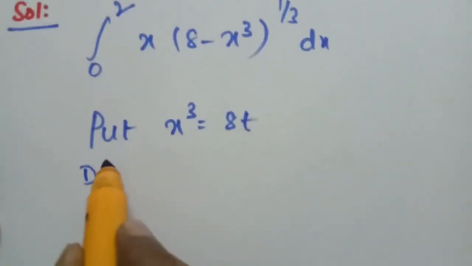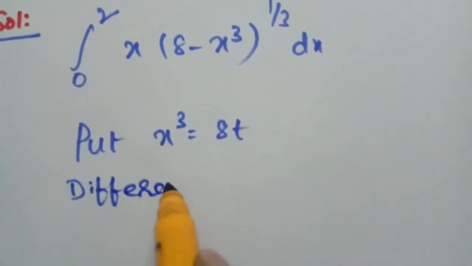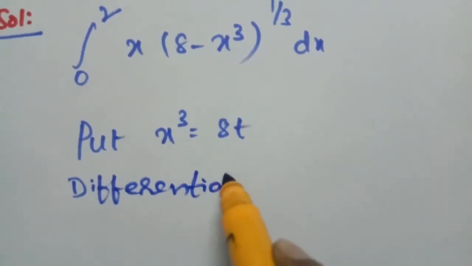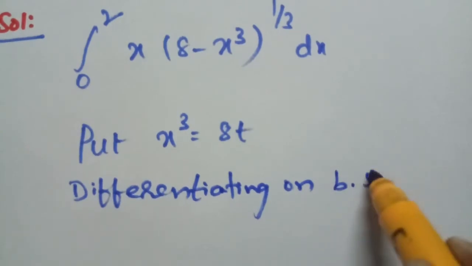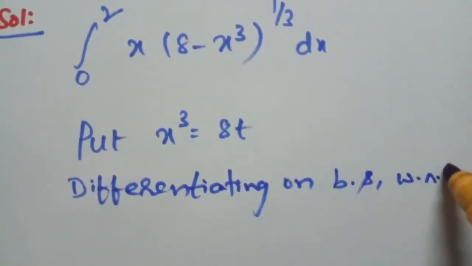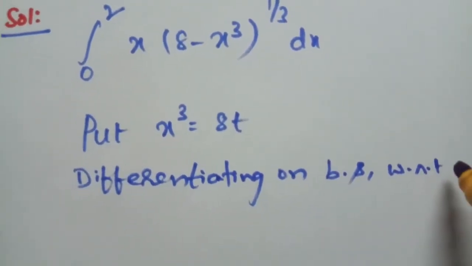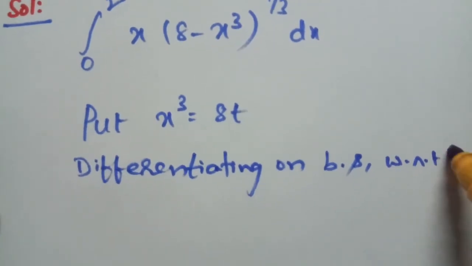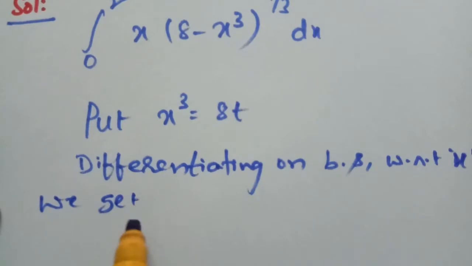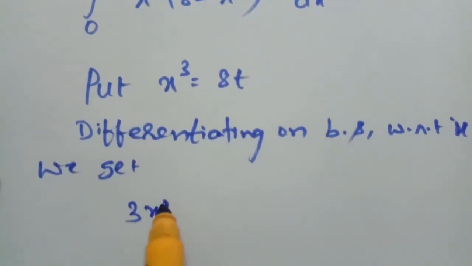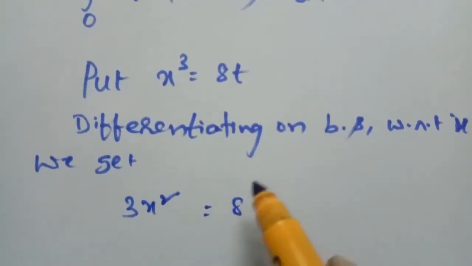Differentiating on both sides with respect to x, we get 3x square is equal to 8 into dt by dx.